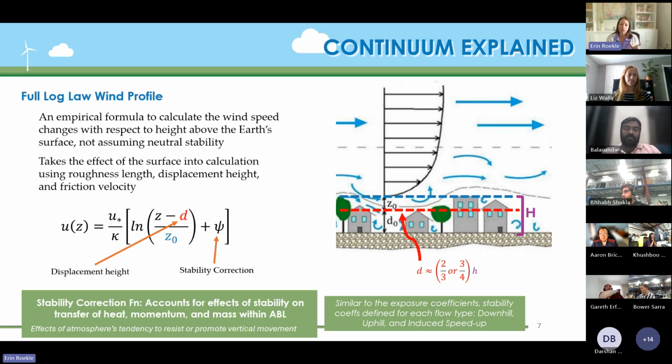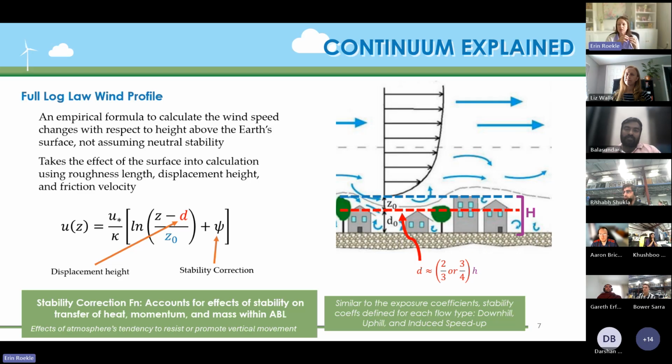So in the full log law wind profile, we start taking that displacement height into consideration. We're also going to start taking stability into consideration. Atmospheric stability has to do with how likely your little blob of air is to want to go up or down.